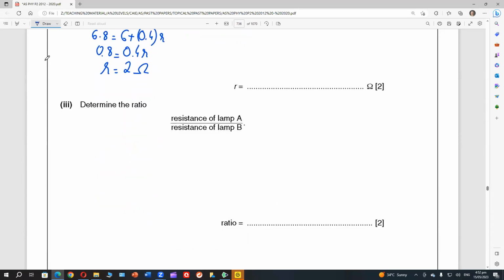Determine the ratio of resistance of lamp A to resistance of lamp B. How can I get the ratio?